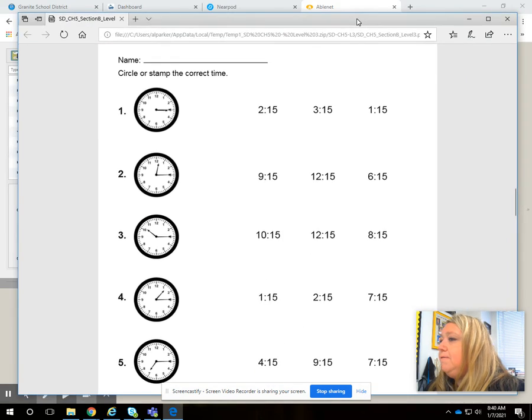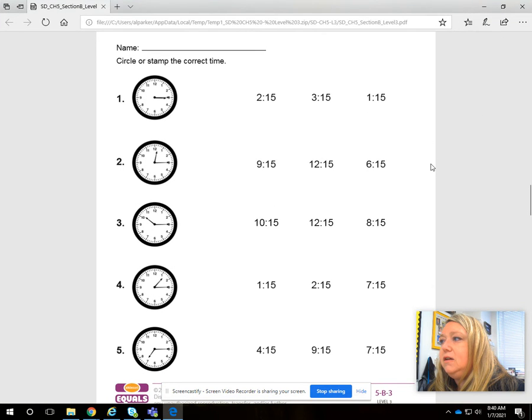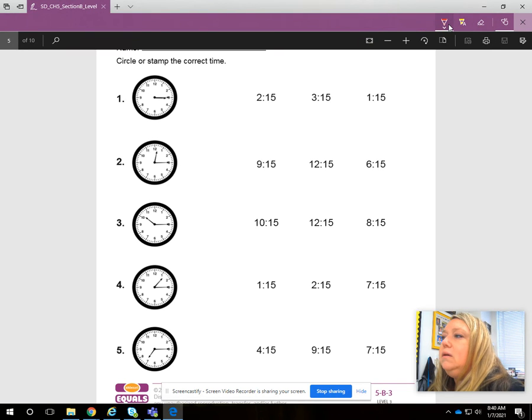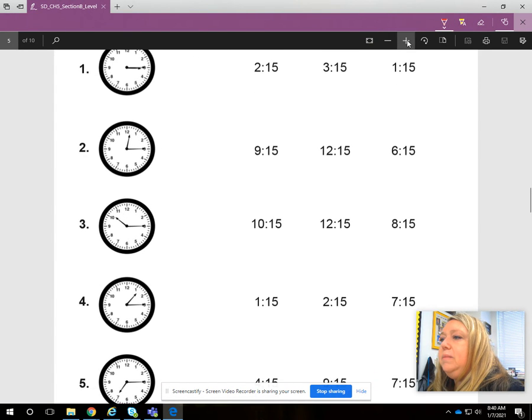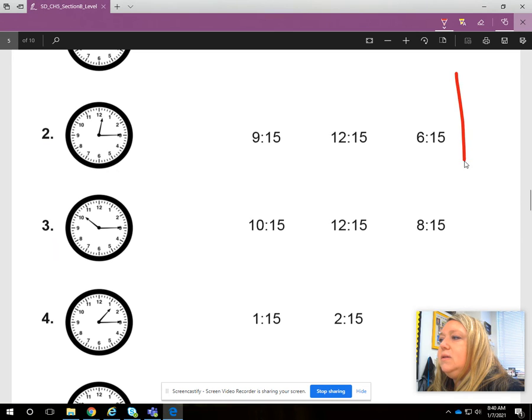All right, folks, let's take a look here at the worksheets for today. I'm going to go ahead and get my, I'm going to make this a little bit bigger, whoops. I need the pointer again.